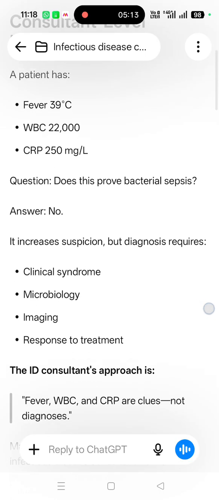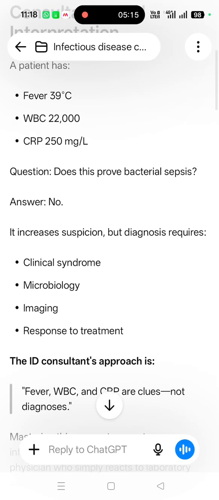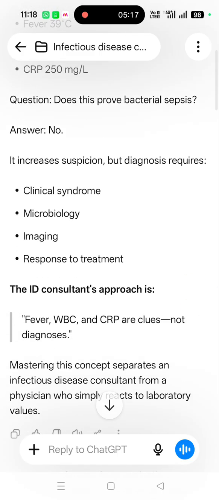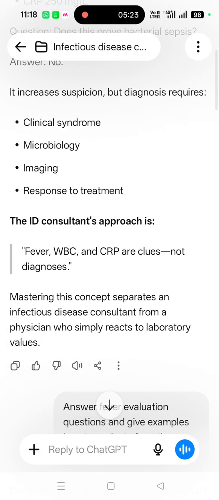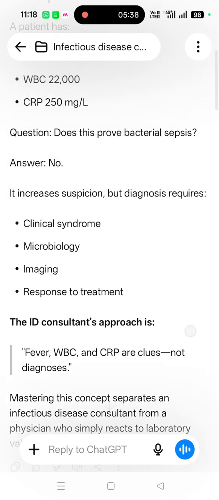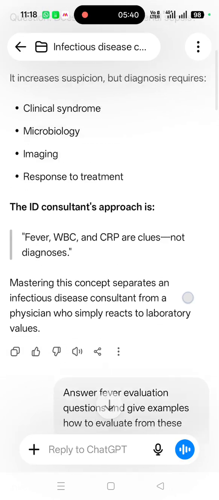No. It increases suspicion, but diagnosis requires clinical syndrome, microbiology, imaging, response to treatment. So the ID consultant approaches fever, WBC, and CRP as just clues; they are not the diagnosis. So this is important to master about the fever.